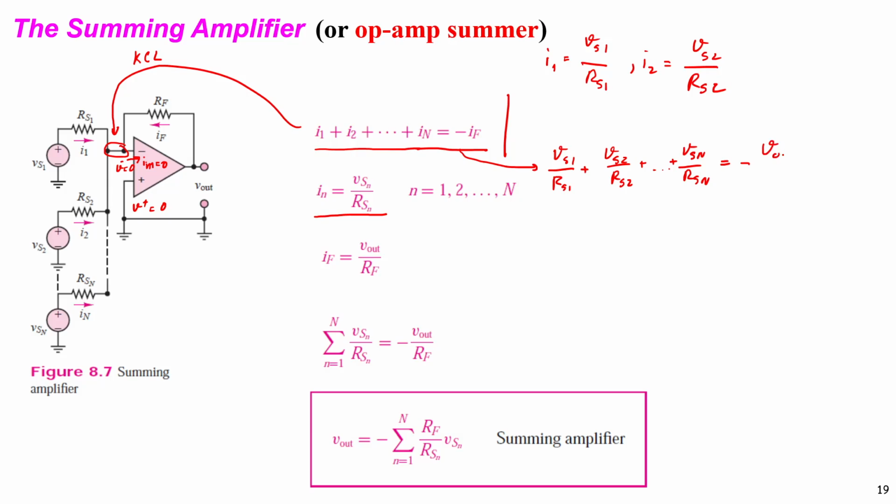So Vout is related to a value calculated from the summation of the voltage divided by the resistance. We call this a summing amplifier.